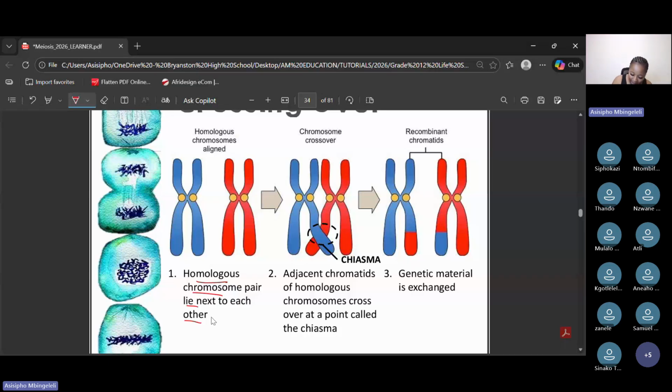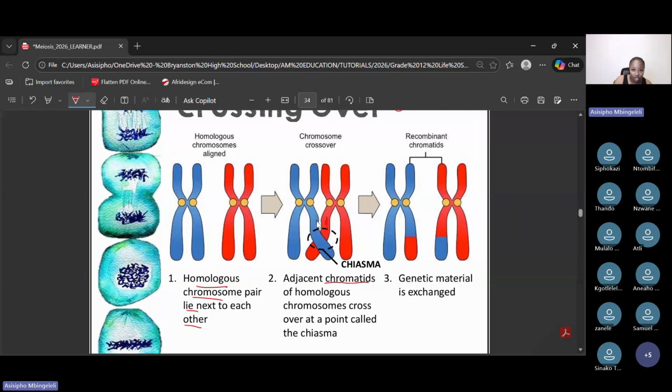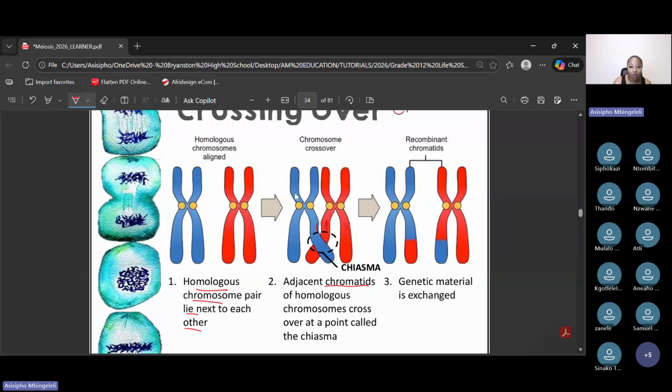Then what happens here? At adjacent chromatids. Adjacent chromatids meaning the chromatids that are next to each other. These chromatids. You can't speak about these outer ones. The ones that are next to each other, these are the adjacent chromatids of the homologous chromosomes, they are going to cross over. At the point where they cross over, this point over here, we call it chiasma or chiasmata.